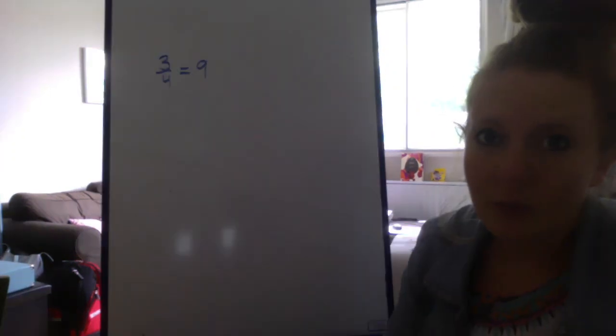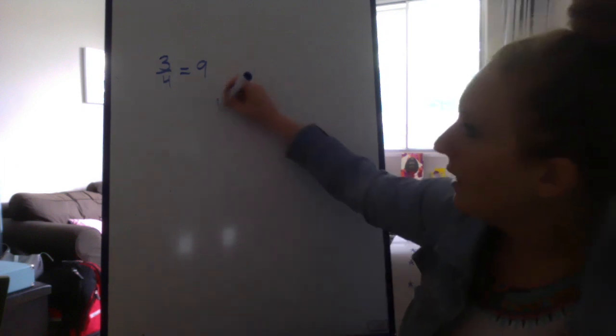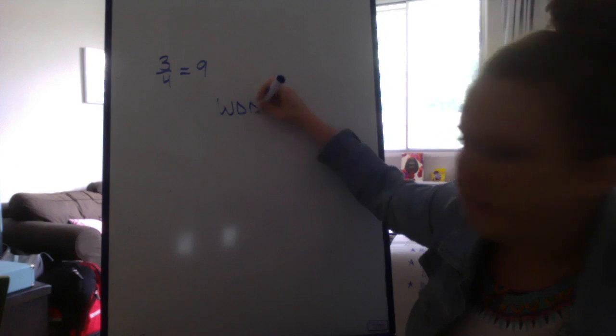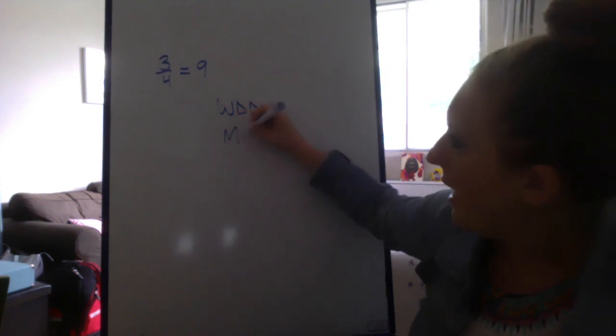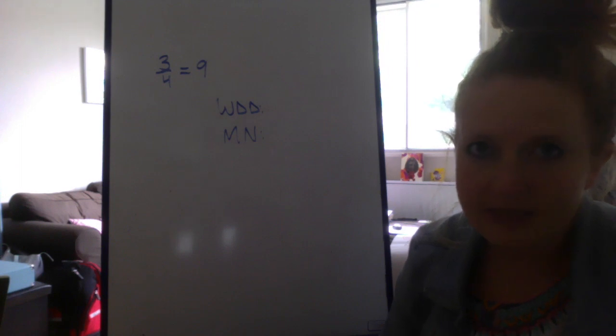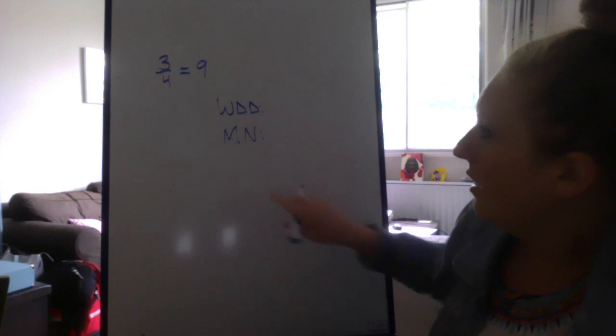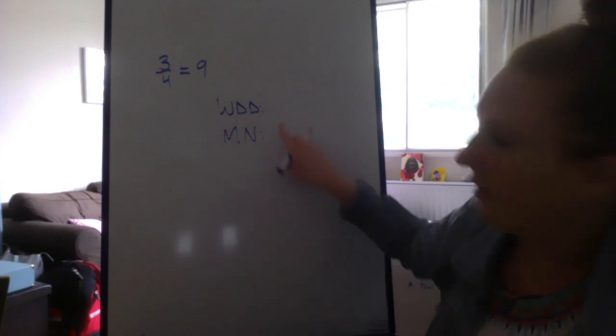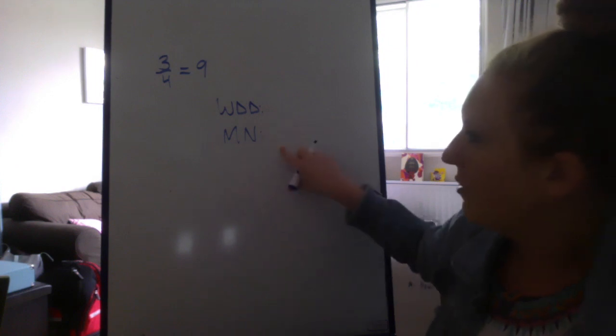Well, we're going to need to work backwards to figure out how much the whole was. Now, normally, of course, we would have to multiply by the numerator and divide by the denominator. What do you think we're going to have to do in this case? We're going to have to use our inverse. So we know that, let's work backwards. Our last step would be multiply by numerator.